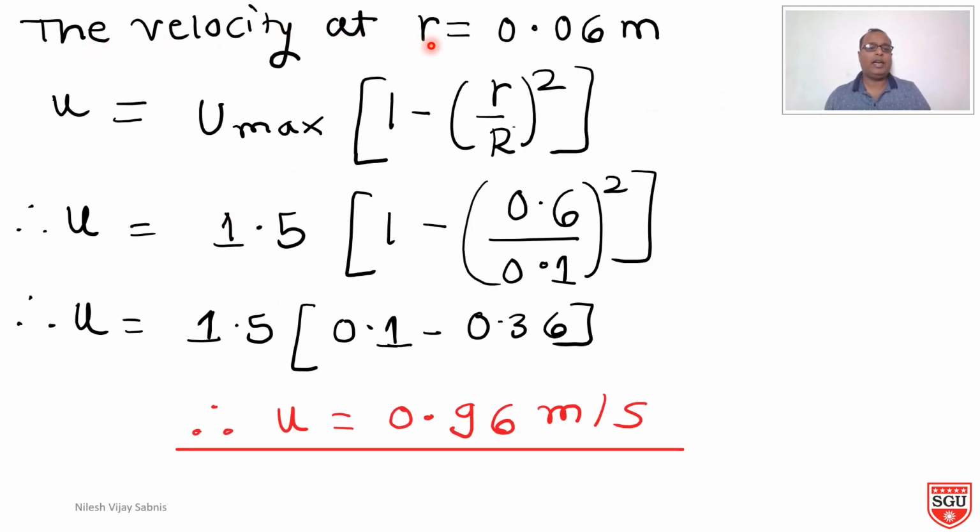The velocity at radius 0.06 we have to find out. U is equal to U max into bracket 1 minus small r square by capital R square. Putting all the values and solving the equation, we will get U is equal to 0.96 meter per second. This is the velocity we are getting at the radius 0.06 meter.